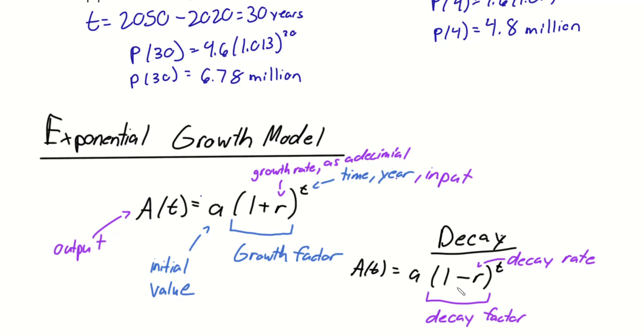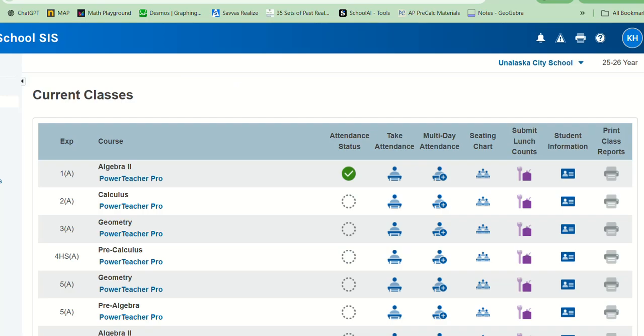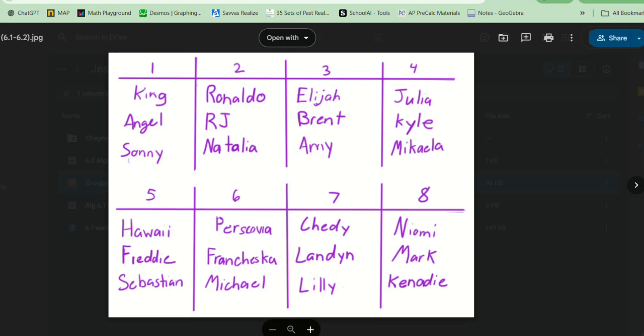Okay, we're going to do another practice problem up on the boards with this from yesterday. Very similar, except you guys can do it all on your own. And you got to decide if it's growth or decay. These are going to be groups, which you already saw. So find your people.